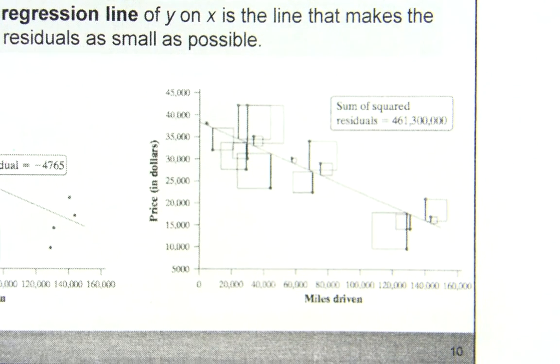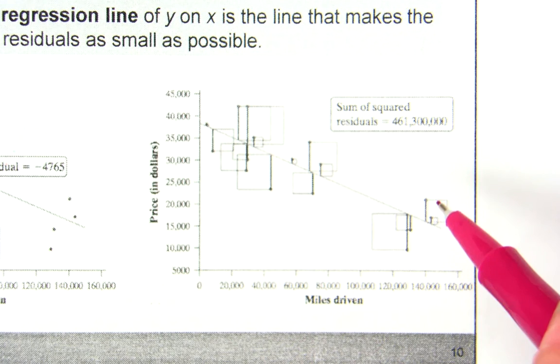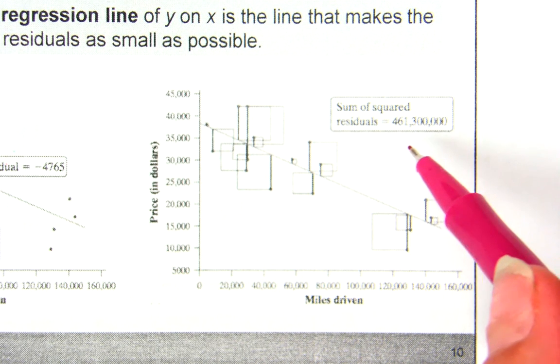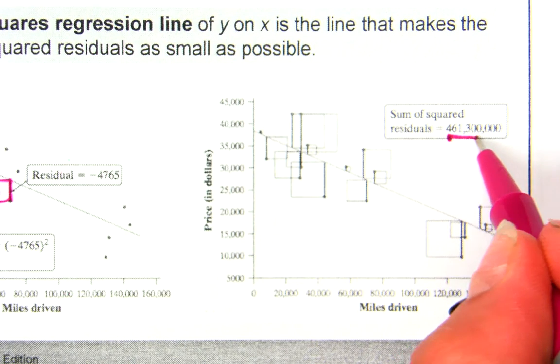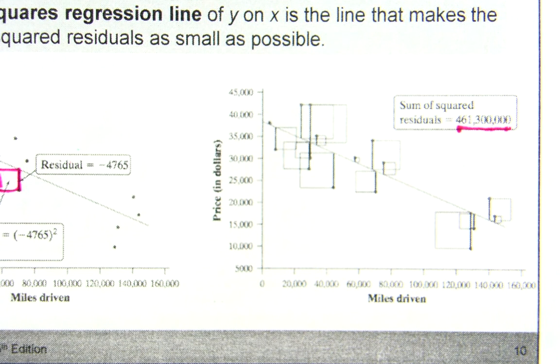If you do this with every single one of these data points, based on how far away they are with the residuals, you can sum all of the areas of the squares and get an actual number. The best line possible is the one where, if you take the sum of these squares, this number is the smallest possible. That's how you know you have the best line.